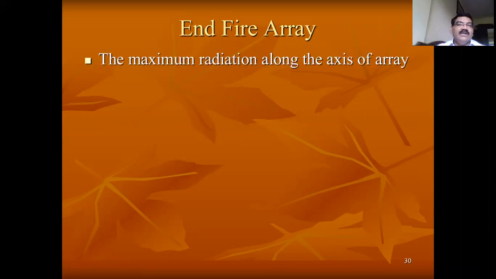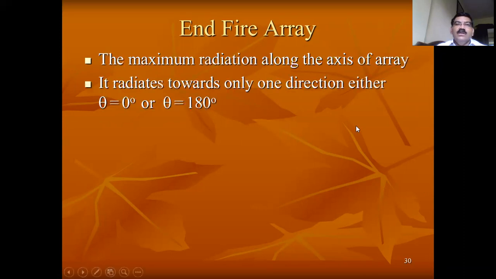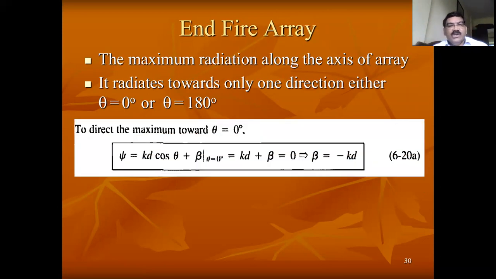Now in the end fire array, the maximum radiation is along the axis of the array. As I told, the elements are along the z-axis and radiation is along the z-axis also. So either it is the positive z-axis, theta equals 0, or the negative z-axis, theta equals 180. So what will be the requirement here?